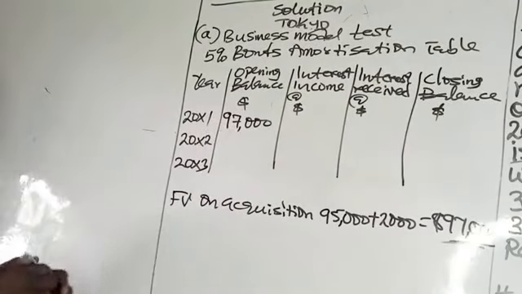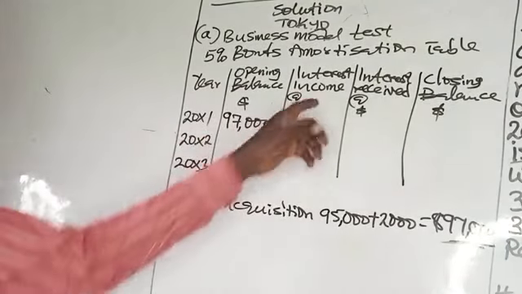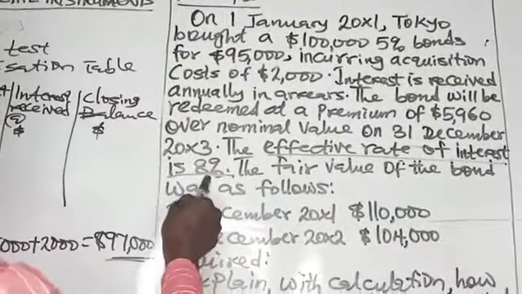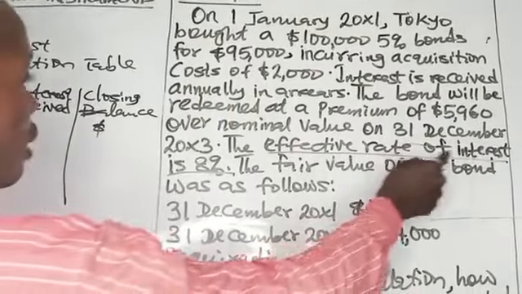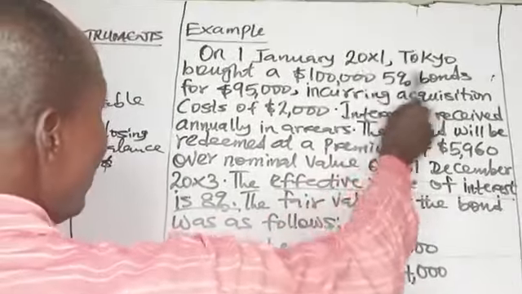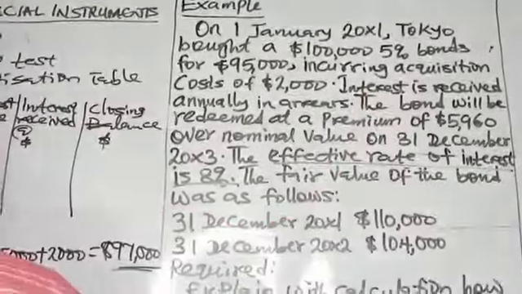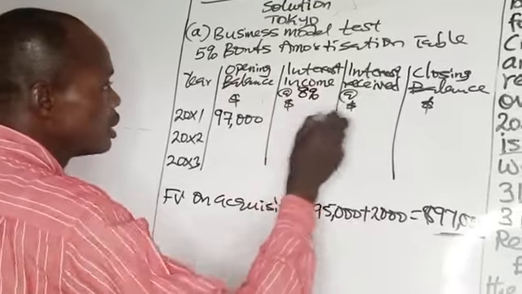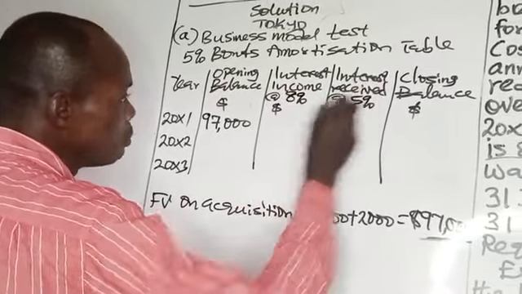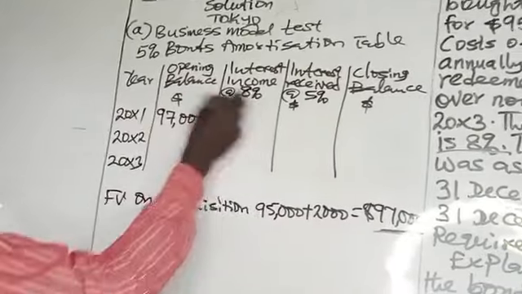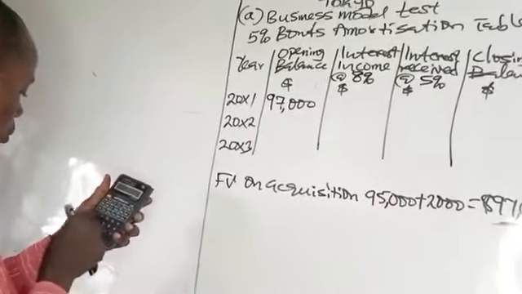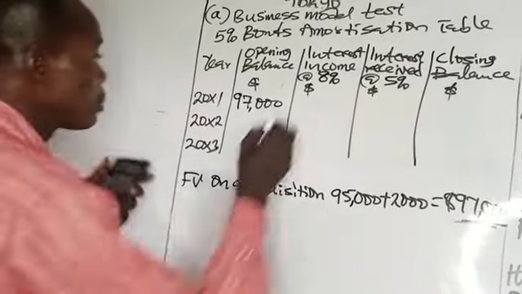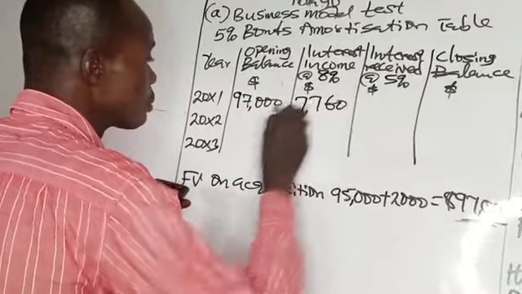In 20x1, $97,000. We said the interest income will be calculated at the effective interest rate. The effective interest rate is 8%, while the coupon rate is 5%. So interest income will be calculated at 8%, interest received at 5%. 8% of 97,000 gives us 7,760.